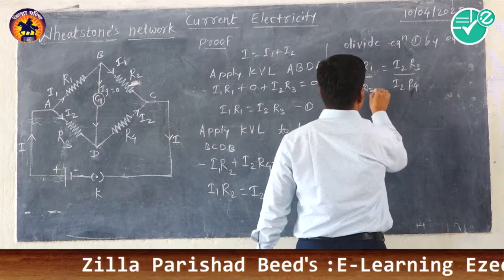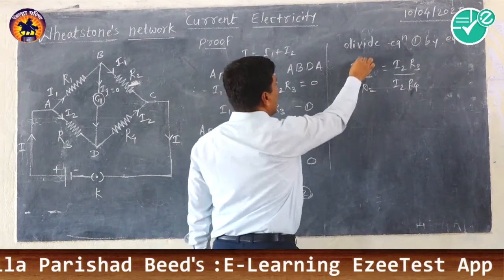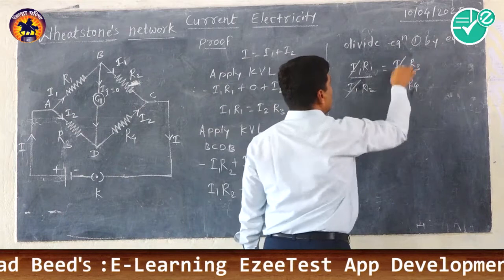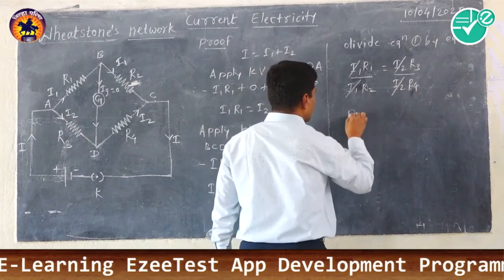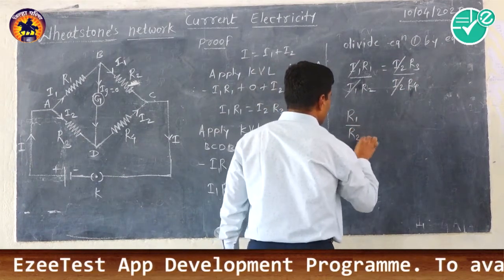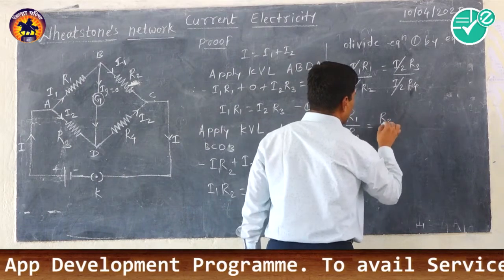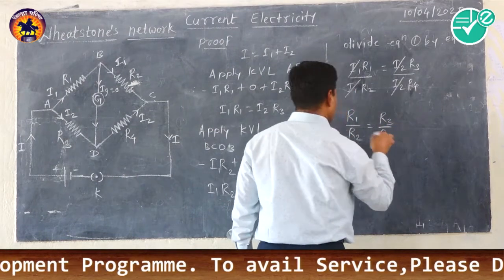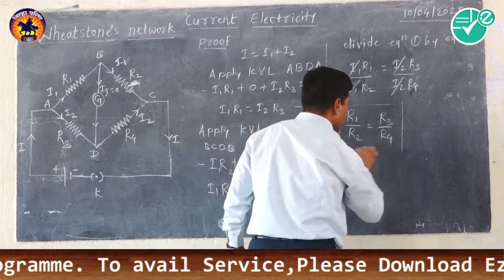Here I1 will get cancelled, I2 will get cancelled, and we will get the equation R1 upon R2 is equal to R3 divided by R4. So this is the proof.